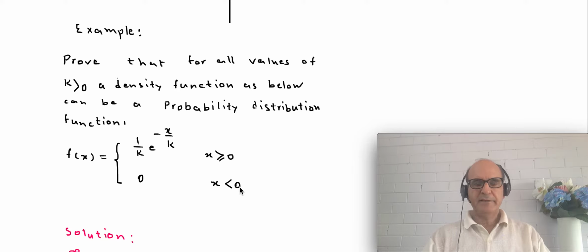If x is less than 0, that probability is 0, and if x is 0 or greater, then the value of f of x is given by 1 on k times e to the power of minus x on k. So that is our function, and we want to show that the area under this all the way from minus infinity to infinity is equal to 1.